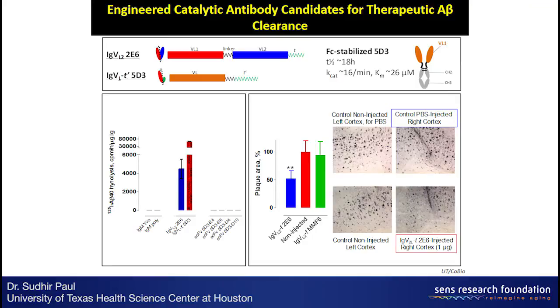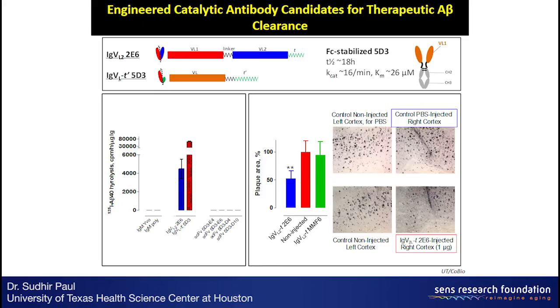So we pulled out, using our electrophilic amyloid beta peptide probe, highly catalytic antibody fragments, and we found that the best fragments were invariably either the single domain VLs, so these are only the variable domains of the light chains, or heterodimers of two different VLs.